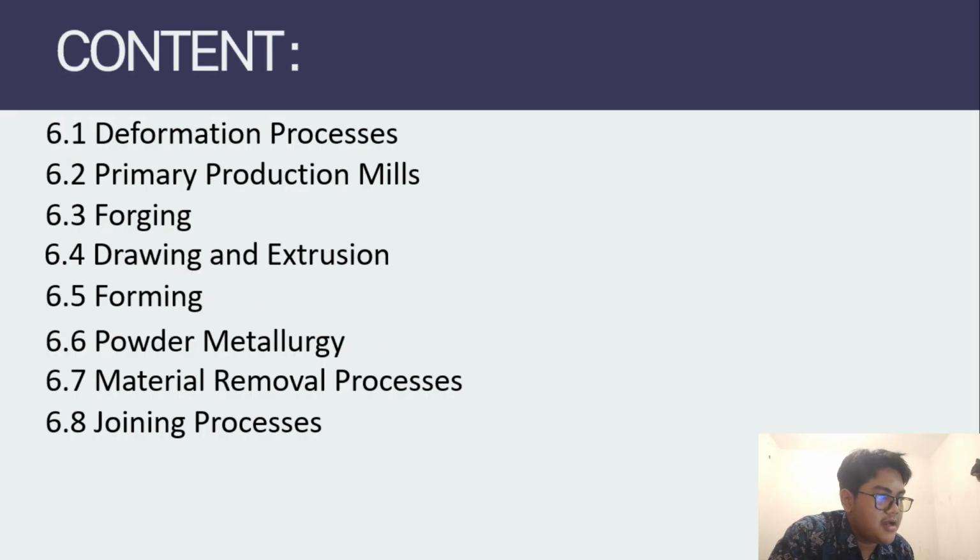For the content, we have 6.1 deformation process, 6.2 primary production mills, 6.3 forging, 6.4 drawing and extrusion, 6.5 forming, 6.6 powder metallurgy, 6.7 material removal processes, 6.8 joining process.